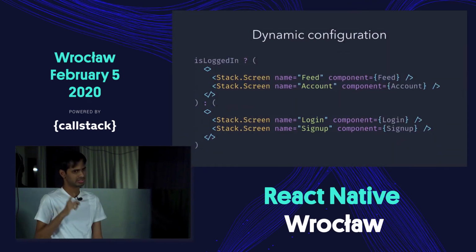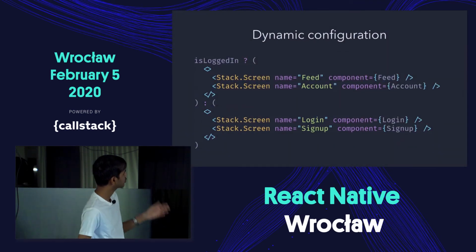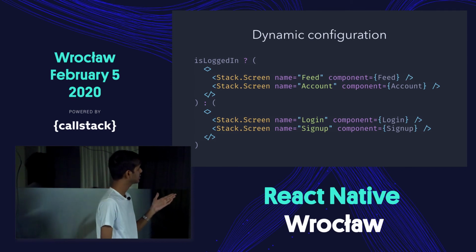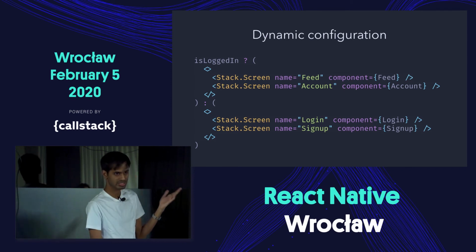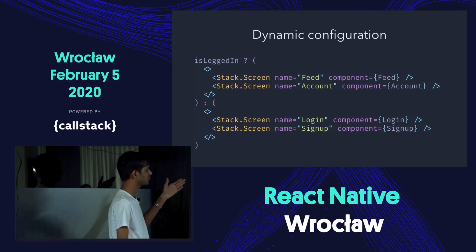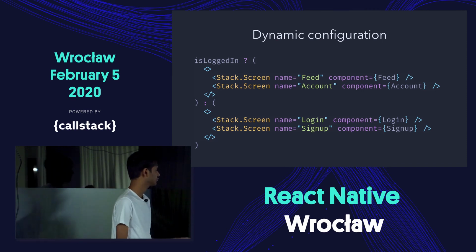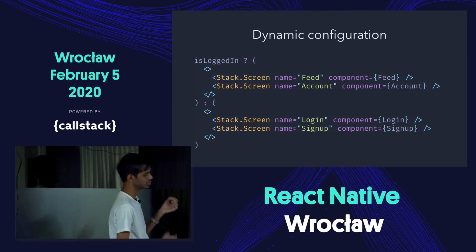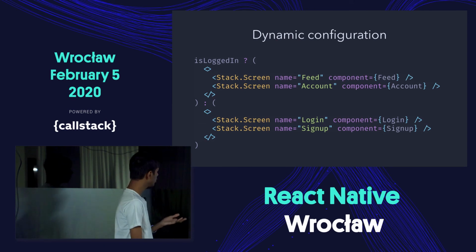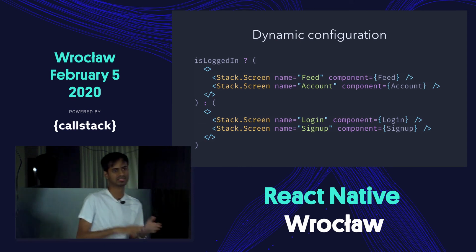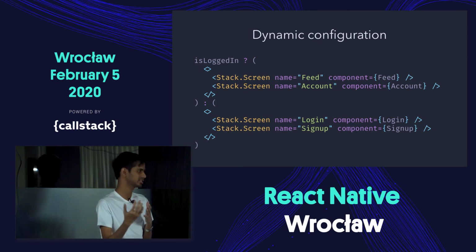This also allows for some new tricks. You can also conditionally define screens. Say if the user is logged in, you have the feed screen or account screen. If the user is not logged in, you show the login screen or sign up screen. You just define this and React Navigation will take care of it automatically.